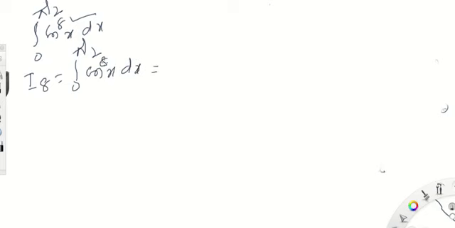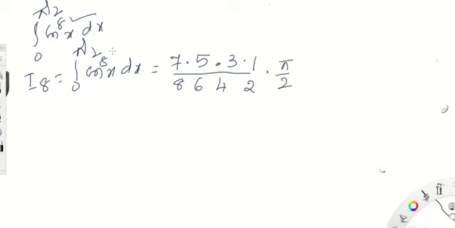What is the formula? Start with n minus 1, which is 7, n minus 3 is 5, n minus 5 is 3, finally n minus 7 is 1. Finally the denominator is n minus 2, n minus 4, n minus 6, and so on. Since n is even, definitely 8 is an even number, we multiply by pi by 2 to get the solution.